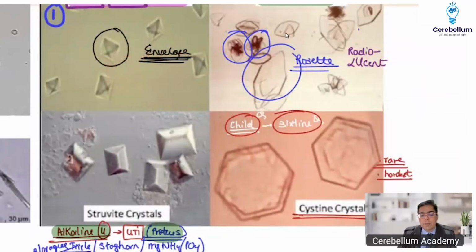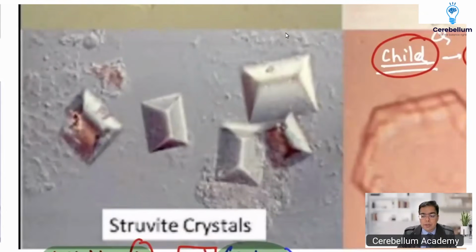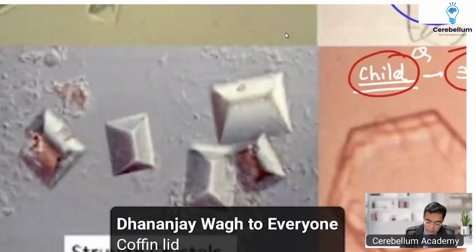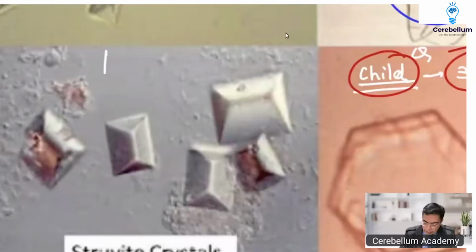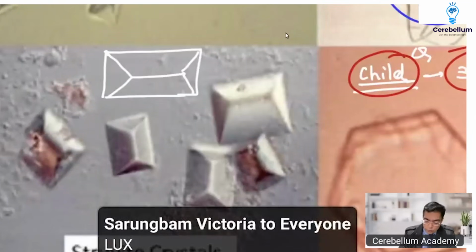If my patient has a struvite stone, the patient is going to have crystals of the stone which appear just like a coffin lid. Coffin lid. So we need to make a diagram of the coffin lid over there. That's what we do over here. Coffin lid. And how is that useful for us to remember the facts?